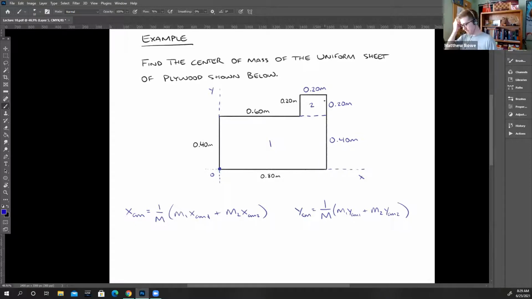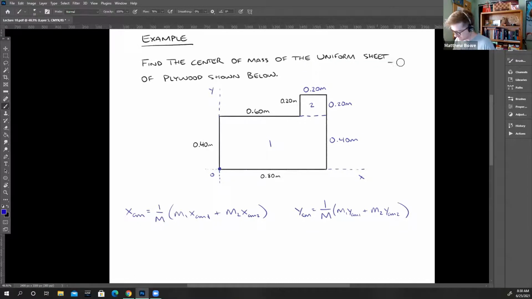Well, they do say in the problem description that this is a uniform sheet. So that means it has a constant density all the way through. If it was a regular shape, we could expect the center of mass of that regular shape to be in the middle.